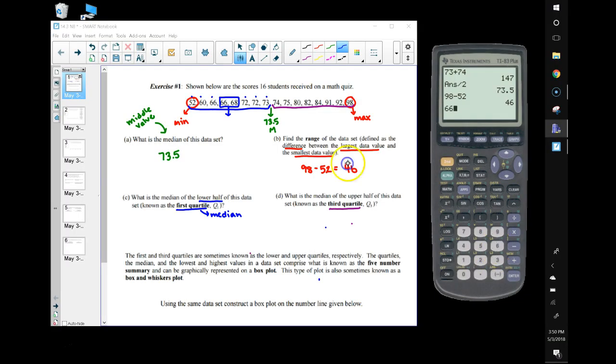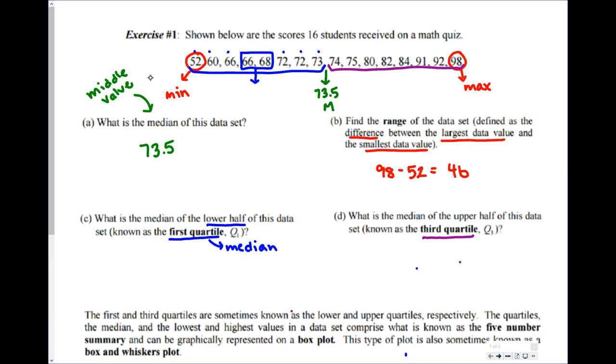You can do 66 plus 68, hit enter first, and then divide by 2, which gives me 67, which makes sense. 67 is directly between 66 and 68. So 67 is what we call our first quartile, and we're going to label that Q1. So 67 is my first quartile, okay?